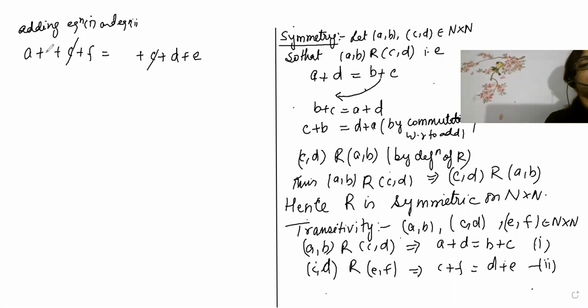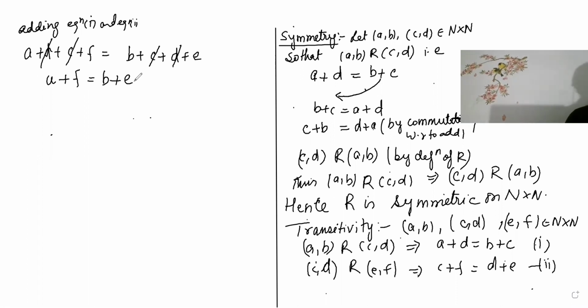So here it is D, beta, and on this side it is B, C, E. Now B will not cancel; C and D will get cancelled. Now what you got is A plus F is equal to B plus E.